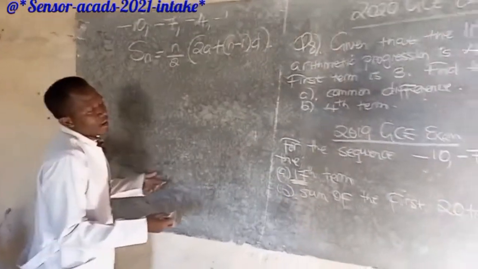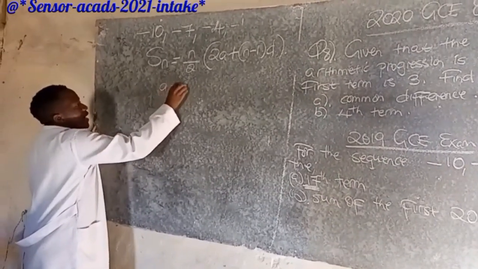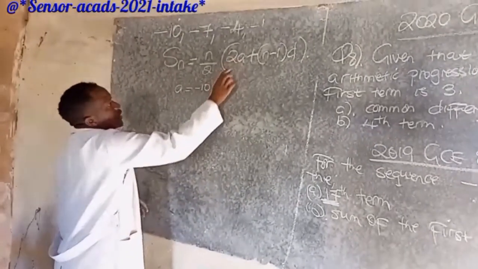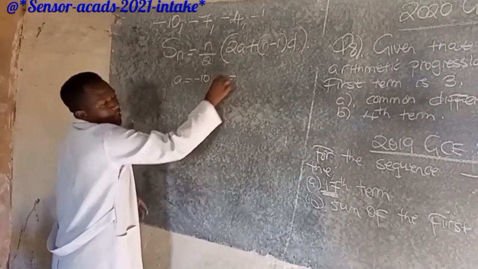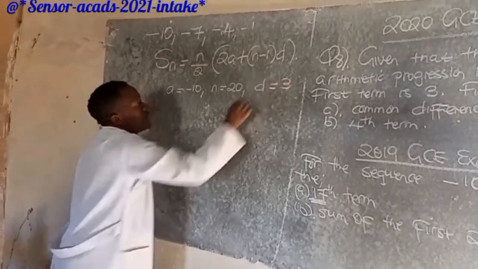They've said the sum of the first 20 terms, so a is negative 10, the number of terms should be 20, and the common difference is still positive 3.